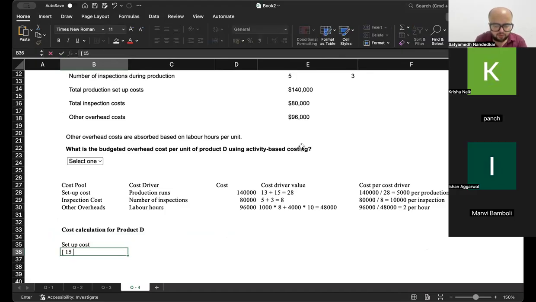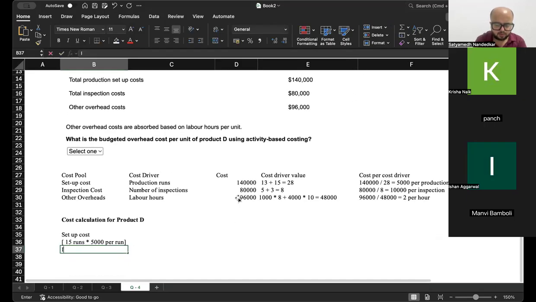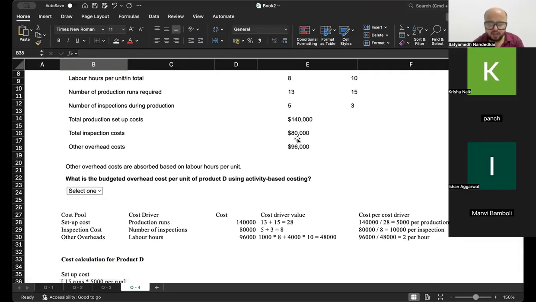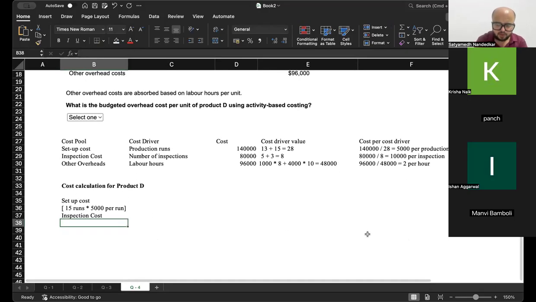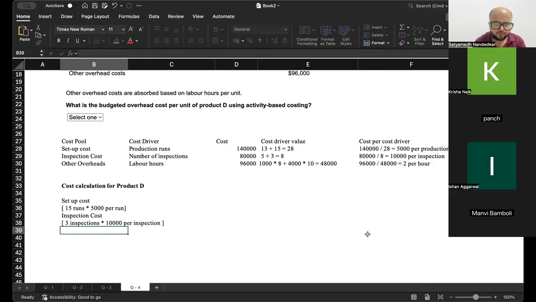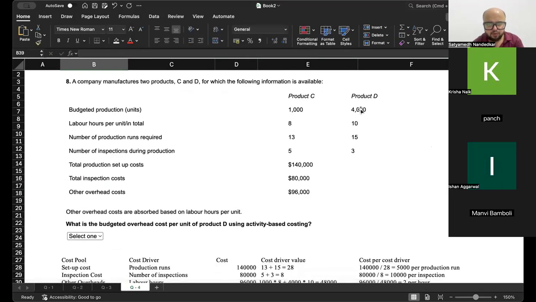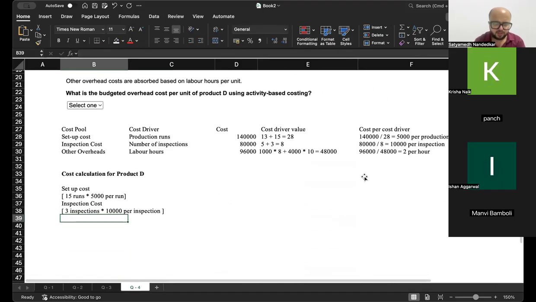Setup cost is 15 runs into 5,000 per run. Then inspection cost: number of inspections is 3, so 3 inspections into 1,000 per inspection. And labor hours: 4,000 units produced into 10 hours per unit into 2 per hour.